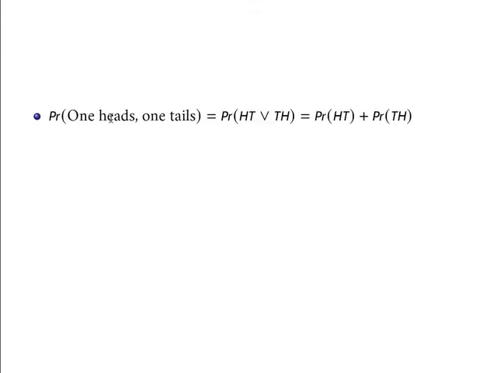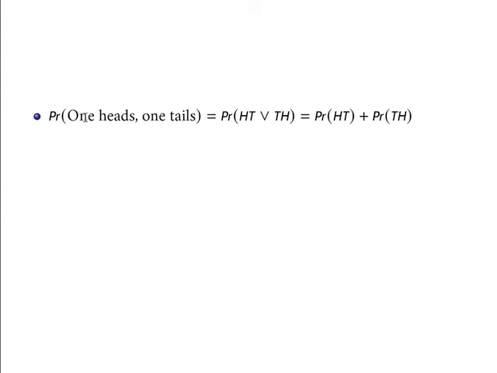So the probability of getting one heads and one tails is equal to the probability of HT or TH, because these are equivalent. And because getting heads first and tails second is mutually exclusive with getting tails first and heads second, we can calculate, given the rule which I gave a few slides up, the probability of this disjunction by simply adding together the probability of each of the mutually exclusive disjuncts.